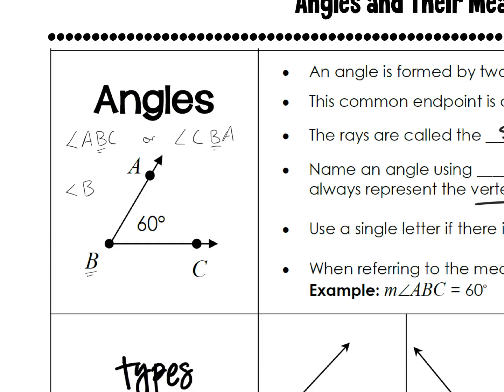Hypothetically, if we had another angle coming off the side like this, I could not use angle B to name any of these angles, because now there's multiple angles using this vertex and I don't know which one angle B is referring to. Which is why I like to call the 3-letter names the proper name of the angles, just because it's always going to be a very specific way of naming the angle that works in a lot of cases.